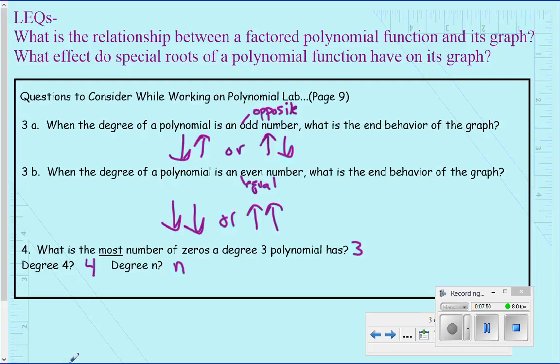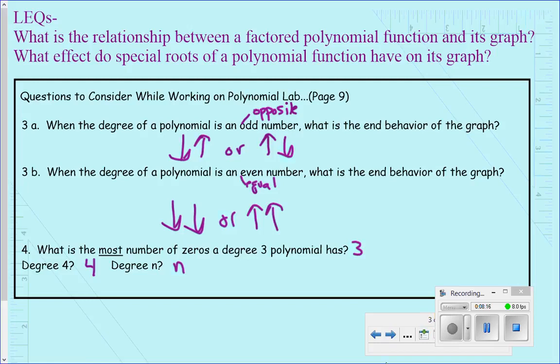So that's a triple root, we call that, which means there's only 1 single root. So total, there's 2 different roots in number 5. There's a root of x equals 0, and there's a triple root at x equals -4. So there's 2 total roots for that, even though it's degree 4. So what causes us to have less roots than the degree would be double or triple roots.